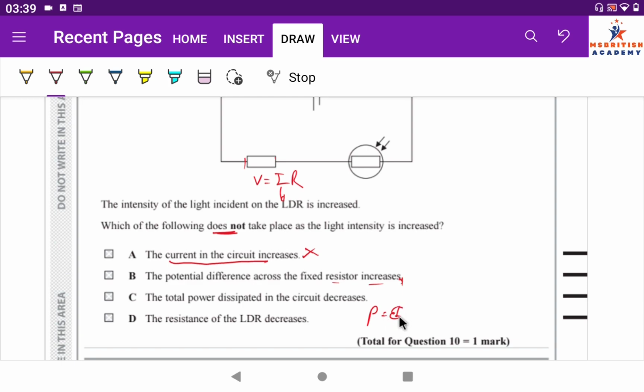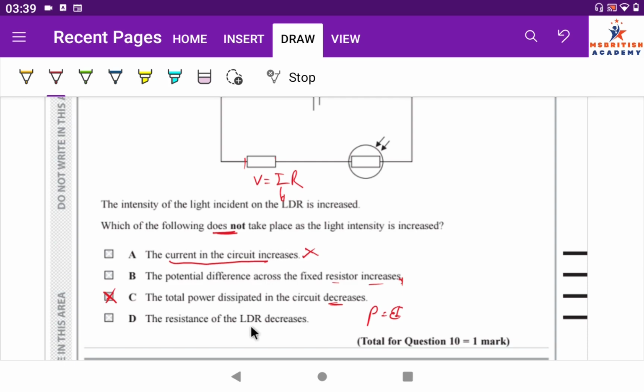So current increases, but in this option, the total power dissipated in the circuit decreases. It will increase. So C is a wrong statement. Therefore, it's the right answer.